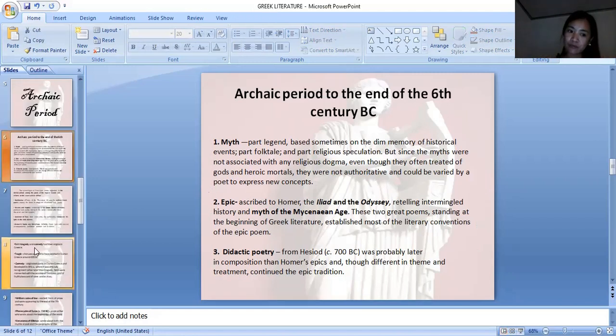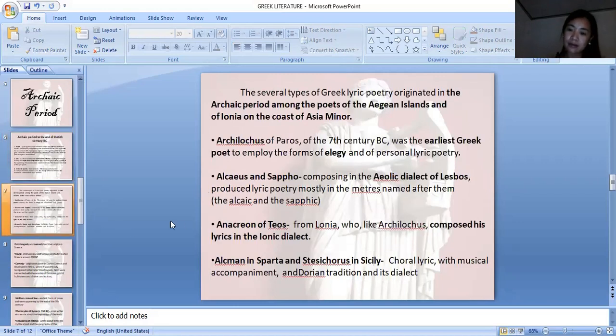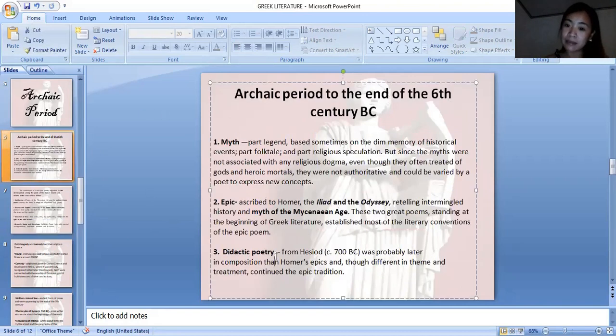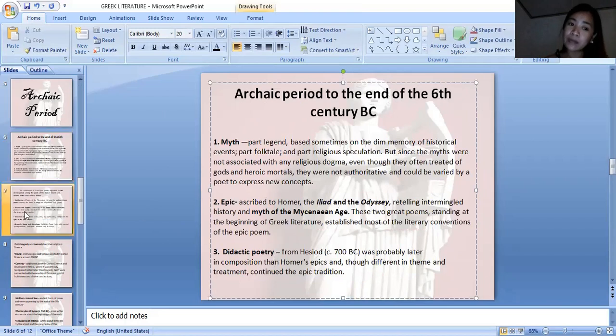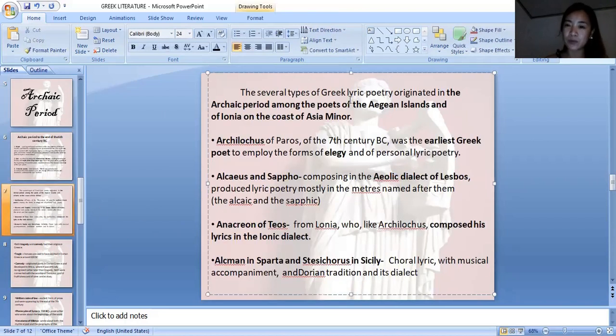Next, let's move with the several types of the Greek lyric poetry originated in the archaic period. Okay? So, ang poetry, katulad ng sinabi ko dito, meron tayong didactic poetry. So, ibig sabihin pala, lahat ng types or several types of the lyric poetry is from the archaic period.